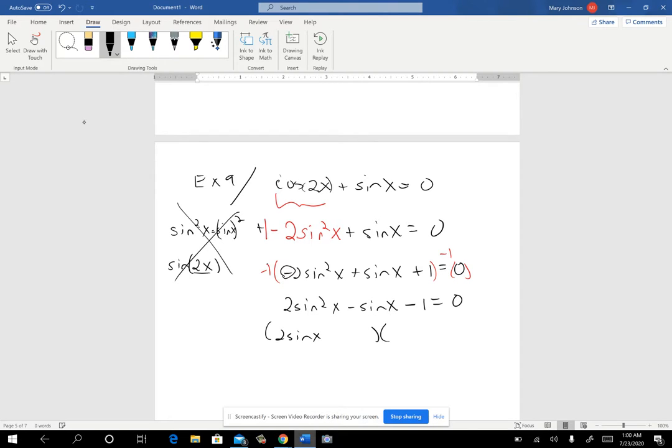That sets me up to be able to factor. So a 2 sine x and a sine x gives me this part. I know I need a 1 and a 1. I'm going to make this one negative and that one positive so that here I get a 1 sine x and the outside 2 give me -2 sine x, which gives me the negative sine x that I need, and then a positive times a negative gives me a negative.